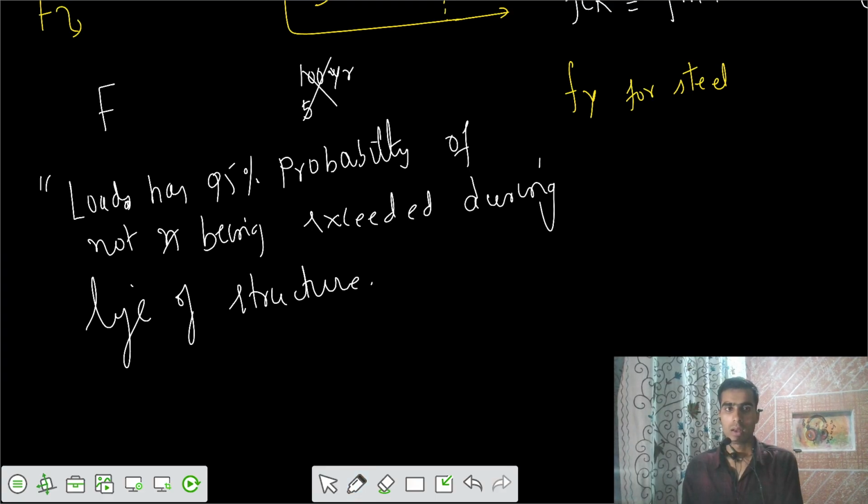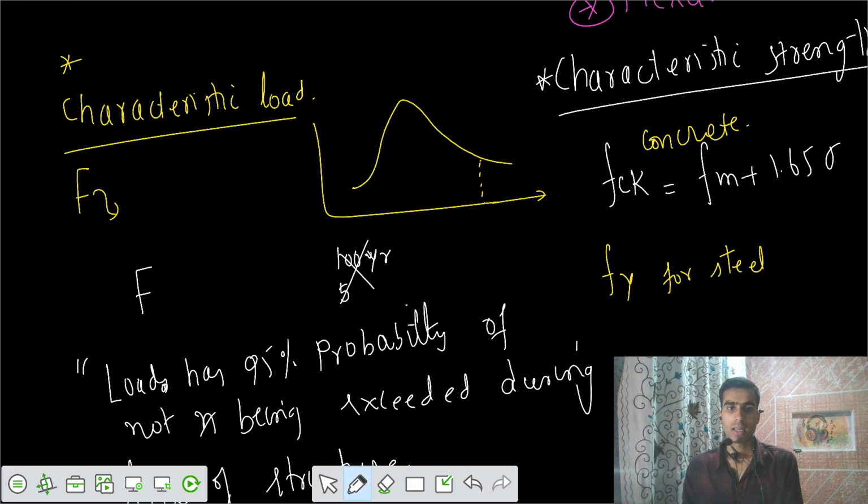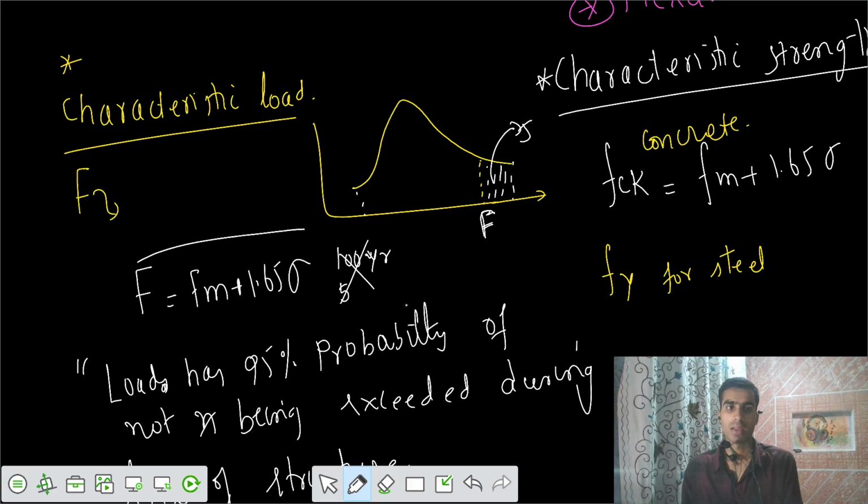If you represent the probability here, there's only 5% probability that this load has been exceeded. That value of F is equal to some mean value of load plus 1.65 sigma.